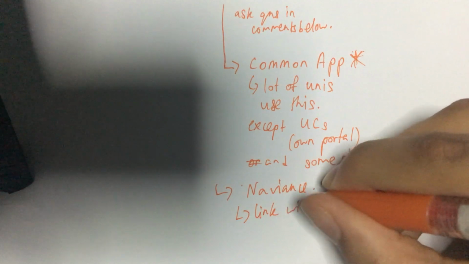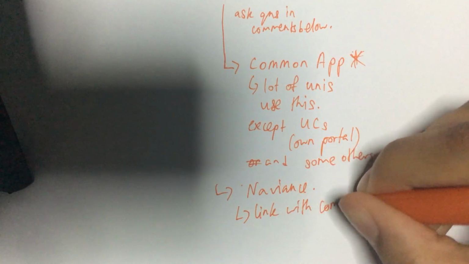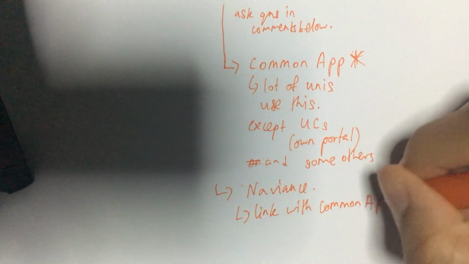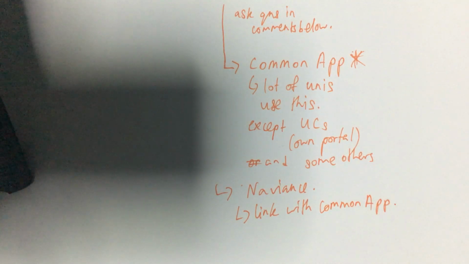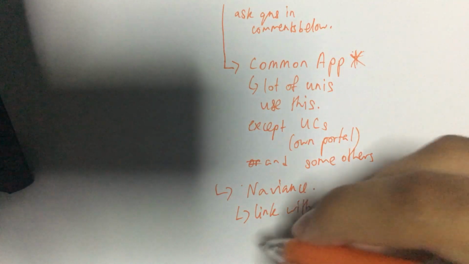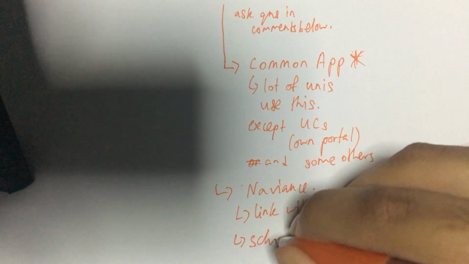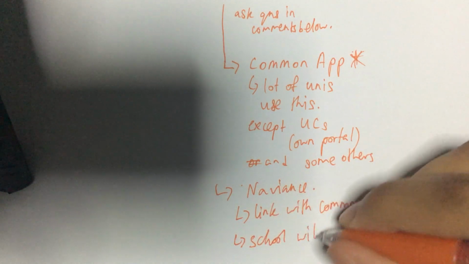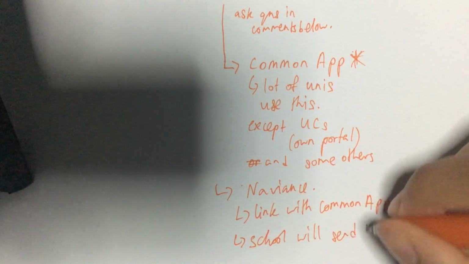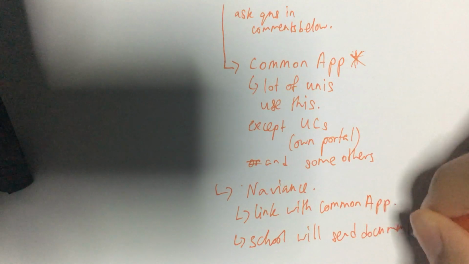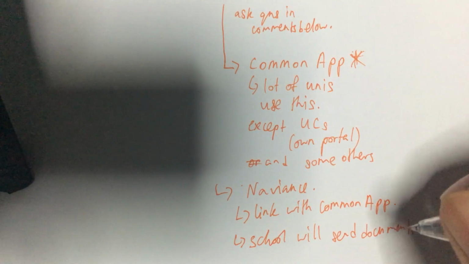If you want more details on that, I can explain it in another video. But generally you will get a briefing by your school, and you have to link your Common App and Naviance accounts, and after that you need to put your list of universities that you're applying to in your Naviance and also start the applications in the Common App.